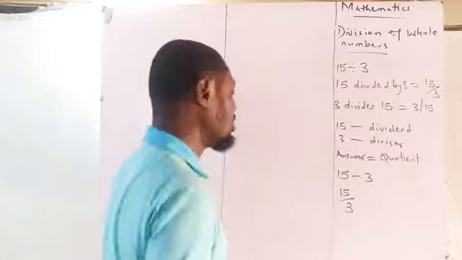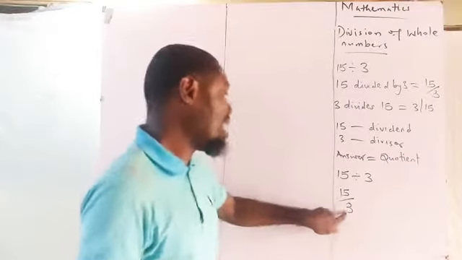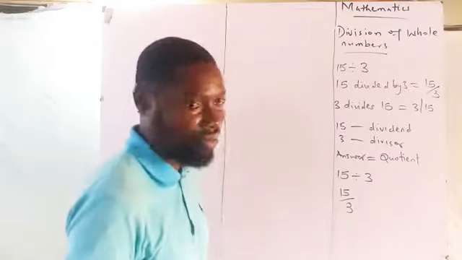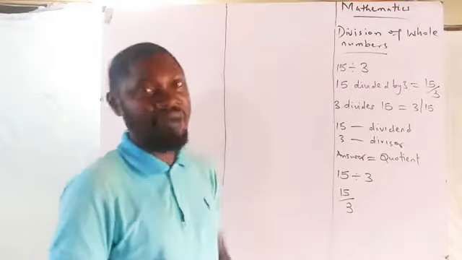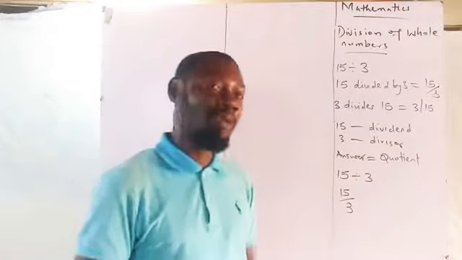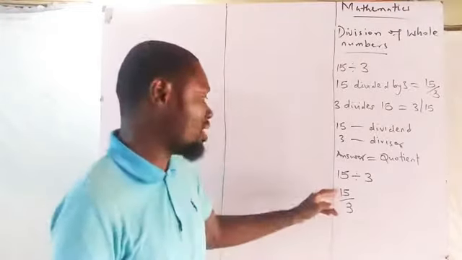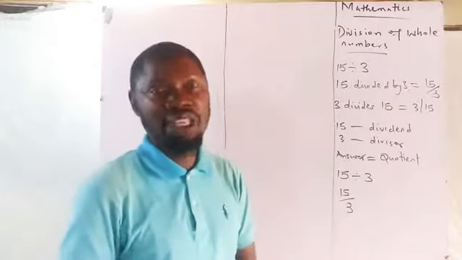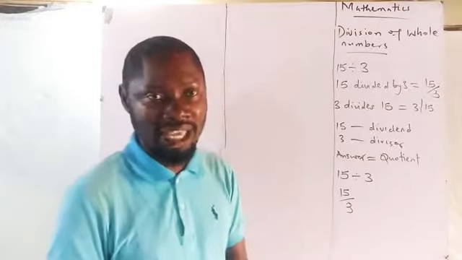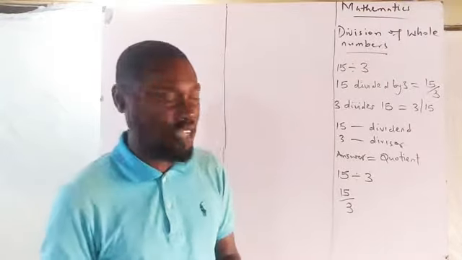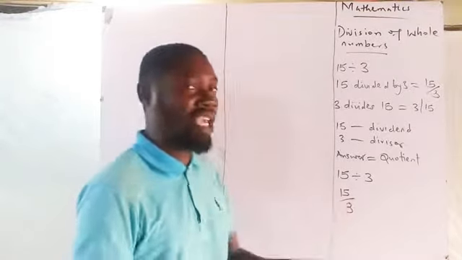You're actually asking yourself, how many 3s are in 15? If you know your 3 times tables, you can say your 3 times table and stop at the number that will multiply 3 to get 15. That number, of course, will be 5. 3 times 1 is 3, times 2 is 6, times 3 is 9, times 4 is 12, and times 5 is 15. So 15 divided by 3 is 5.